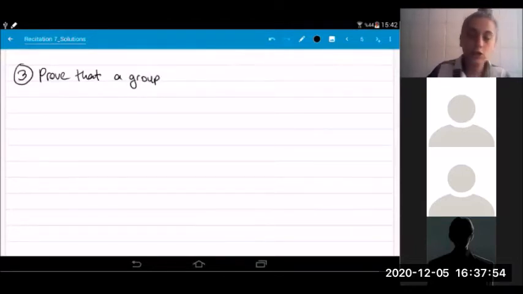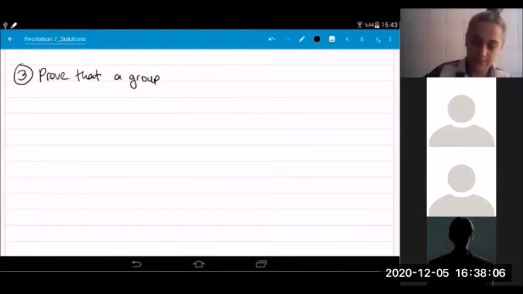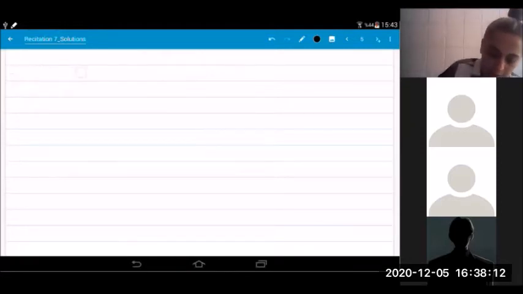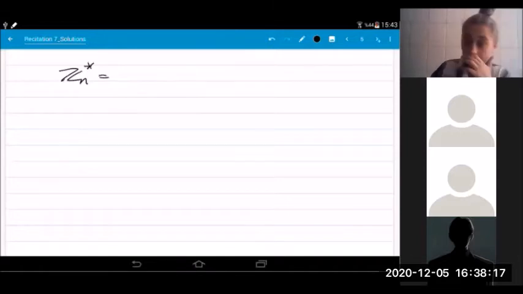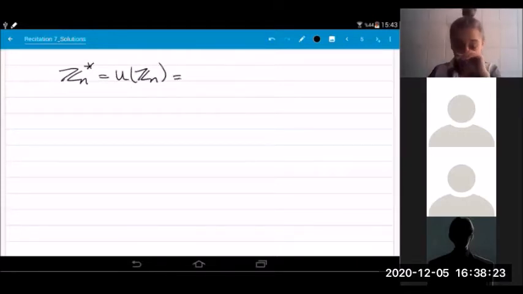Z11 star is a group which contains all elements in Z11 which are relatively prime to 11. Okay, you can use the same thing for every Zn. Let me write it down. Zn star, sometimes it is denoted by U(Zn). These are the units of Zn actually.